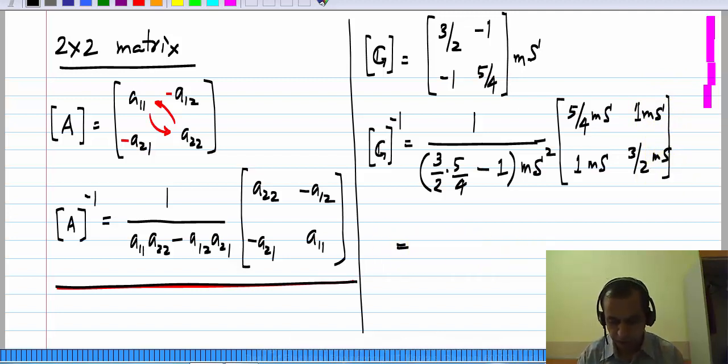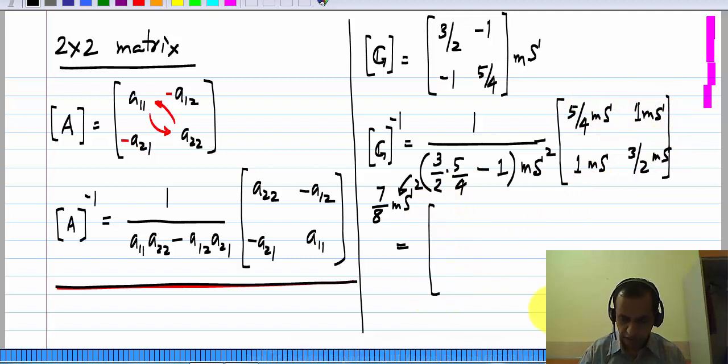And this whole thing, if I simplify, I get 7 by 8 millisiemens square. So I have 8 by 7 millisiemens square times all of these entries, which will give me 10 by 7 kilo ohms. I get kilo ohms because I have millisiemens divided by millisiemen squared.